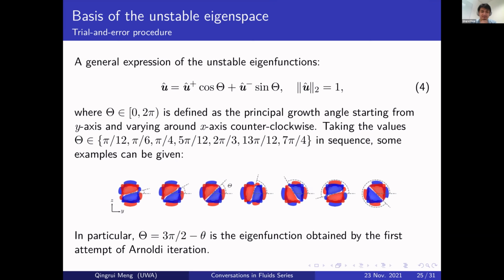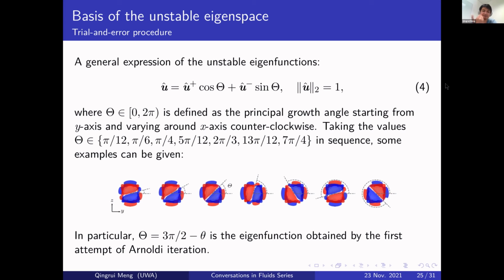The domain of theta is from 0 to 2 pi, starting from the y-axis and rotating around the x-axis counterclockwise. In the following figure, we give some examples by taking the value of theta in this set, and we can see that for different values of theta, we have different eigenfunctions with the center region of the real view having the same orientations.